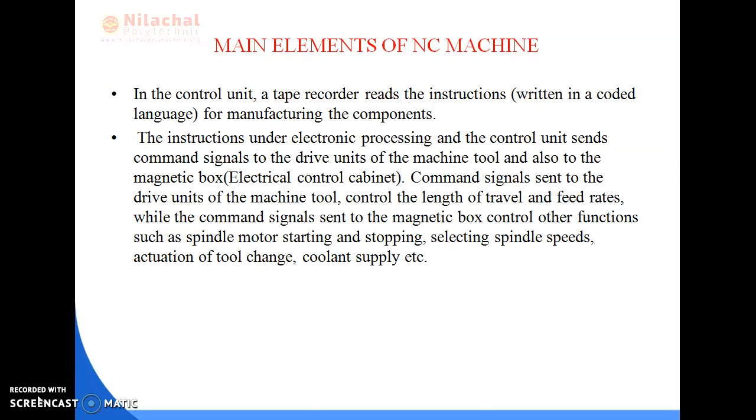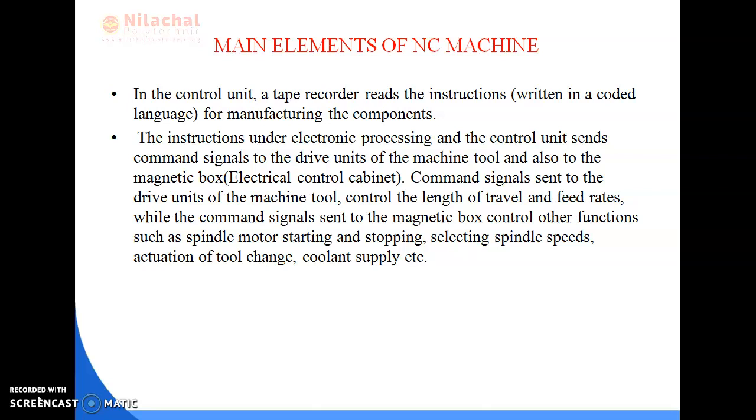In the control unit, a tape reader reads the instructions which are written in a coded language for manufacturing the components. After electronic processing, the control unit sends command signals to the drive unit of the machine tool and also to the magnetic box, that is an electrical control cabinet.